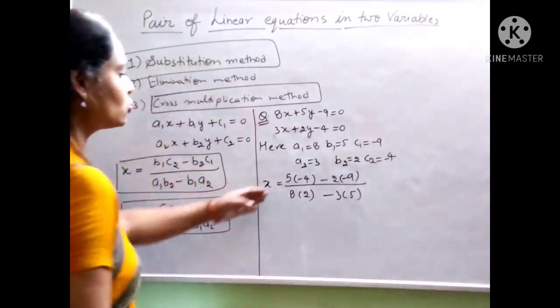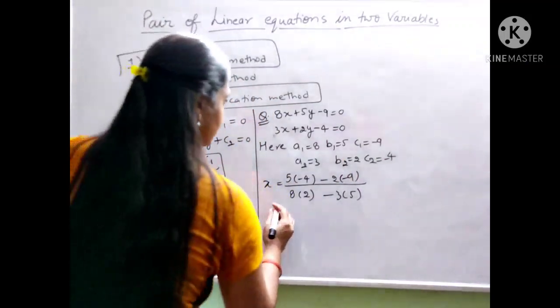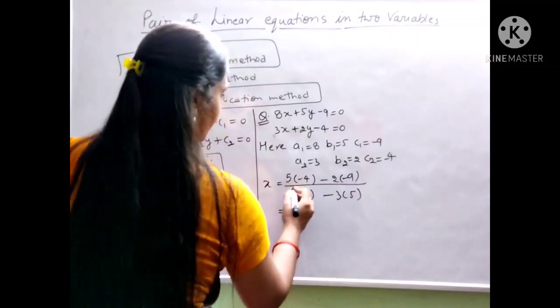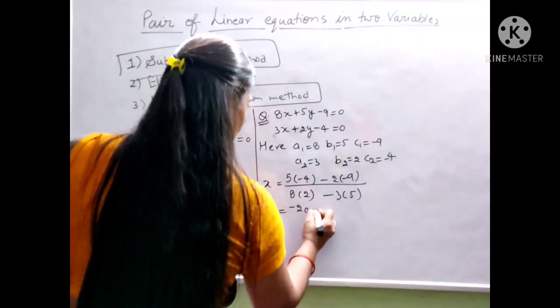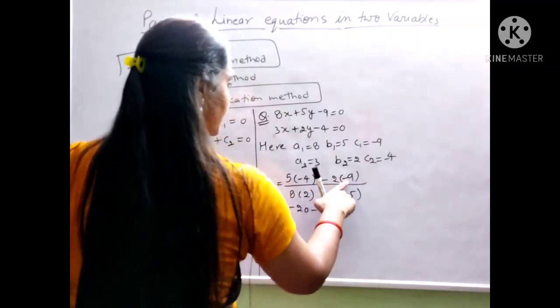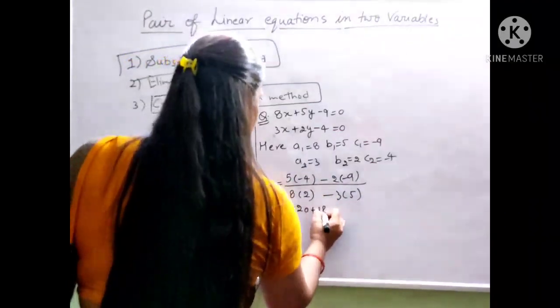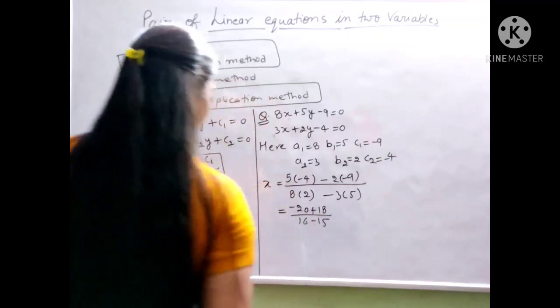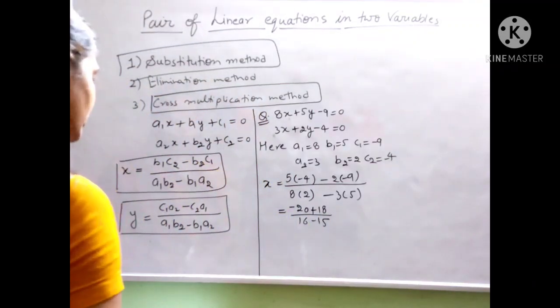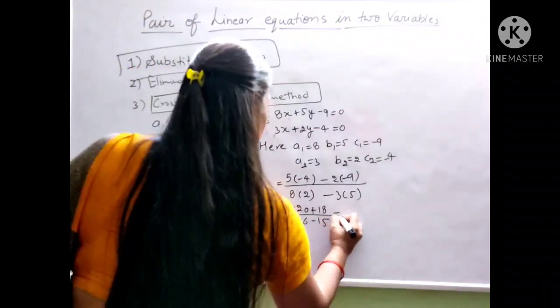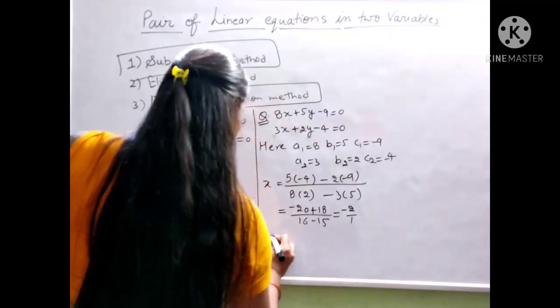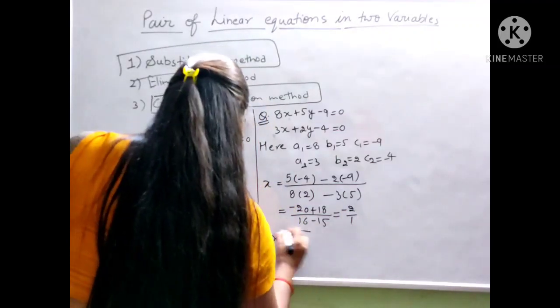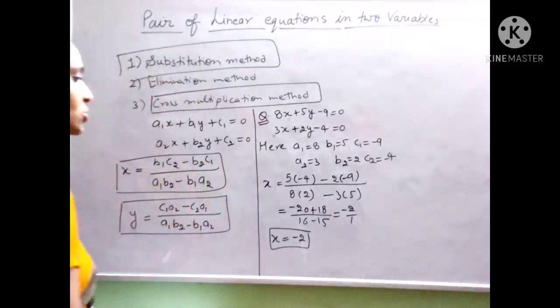So on solving this, you will get the value of x. 5 4s are 20, 9 2s are 18, minus minus will give plus, 8 2s are 16, 5 3s are 15. So on solving this, what will we get? Minus 2 upon 1, or we can say the value of x is minus 2.